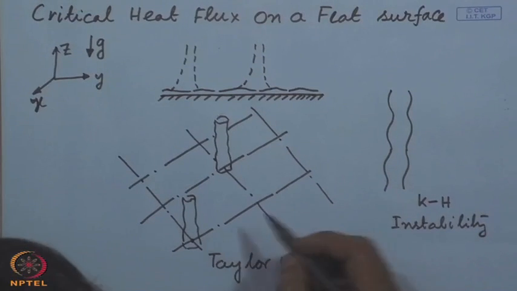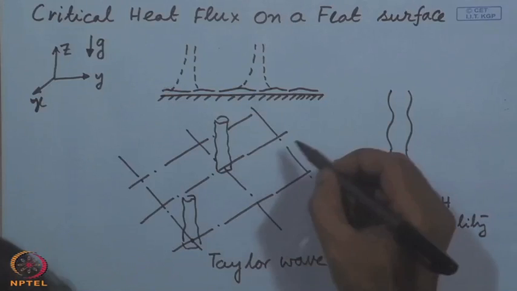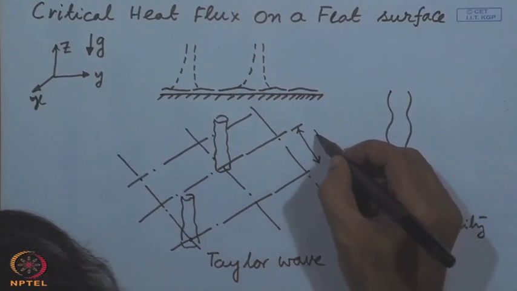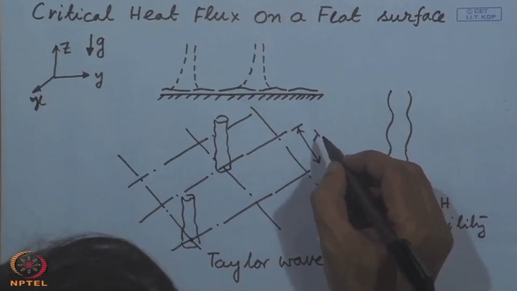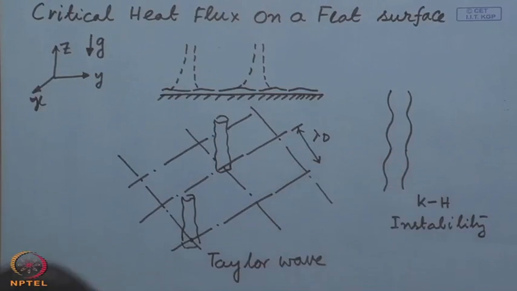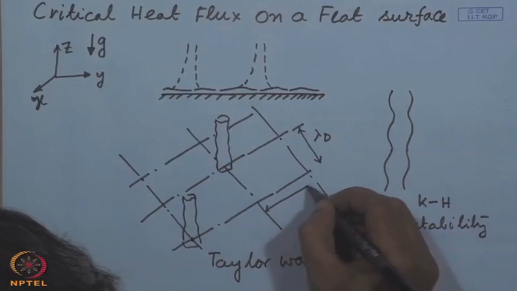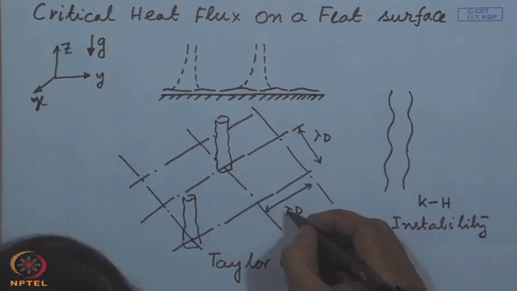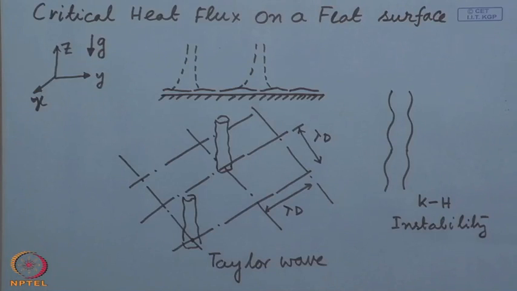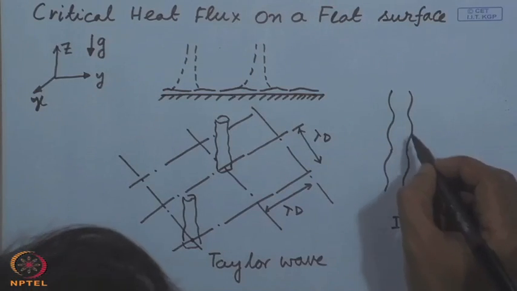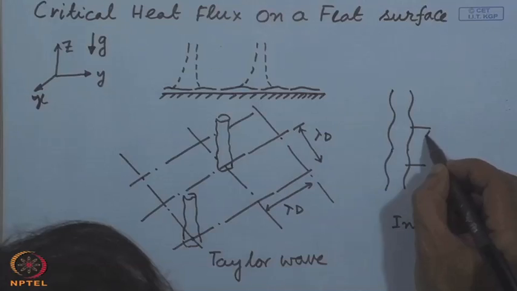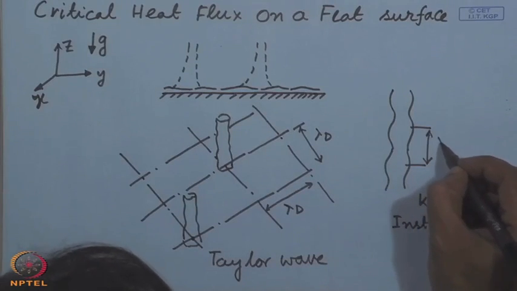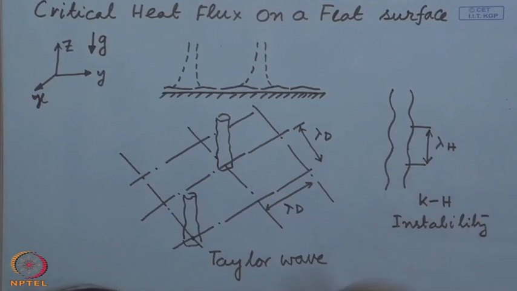Now, this Taylor wave will decide the distance between these columns, and this distance is denoted by lambda d. Any vapor column will be at a distance lambda d from its neighboring column, and this is one wavelength of the Kelvin-Helmholtz instability, which let us denote by lambda h.